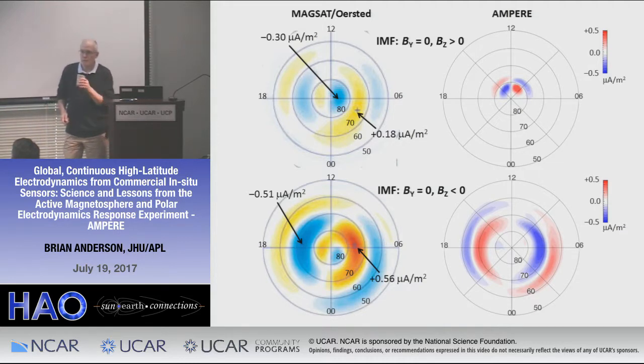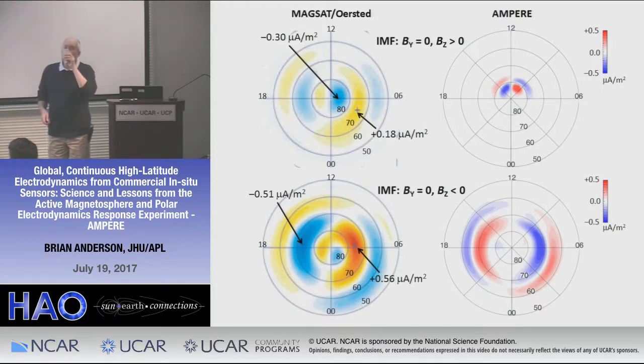So the left columns are the old data, which is much lower, single satellite Ørsted statistical analyses. It seems like the magnitudes of the two are not that bad. Well, this is actually 0.18, 0.3. This is getting up to 1, 0.5, something like that, or larger. Especially this is much larger.